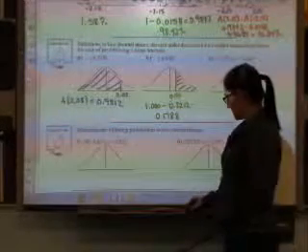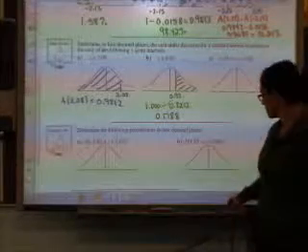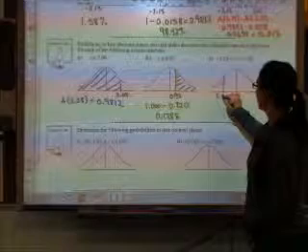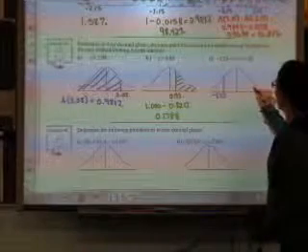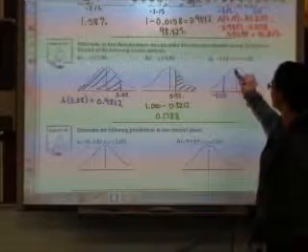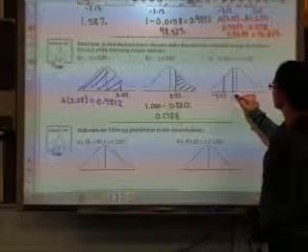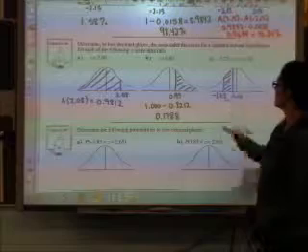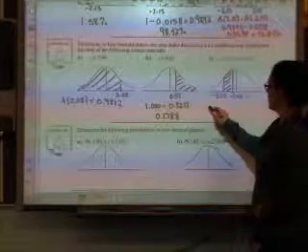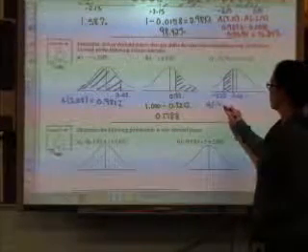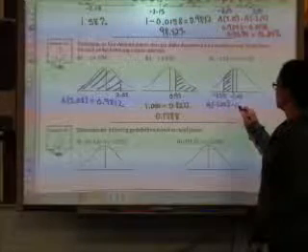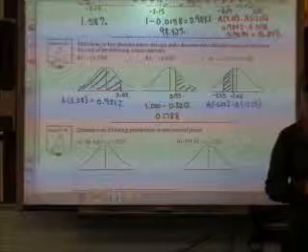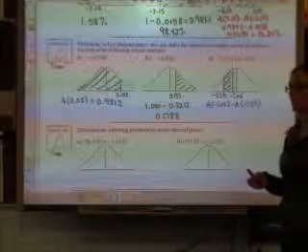And then if I look at C, negative 1.75, and negative 1.02 is going to be right here. And I want the area in between. So if I find the area of negative 1.02 and subtract it by the area of negative 1.75, I would get the answer that I'm looking for.